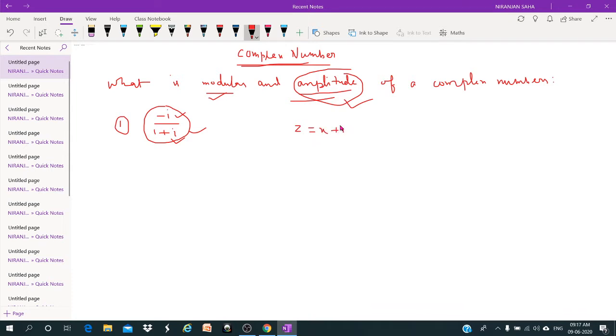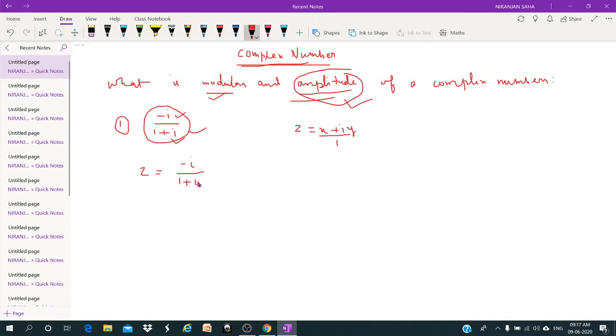The denominator must be a real number, it cannot be a complex number. So let's take z equal to minus iota by 1 plus iota.